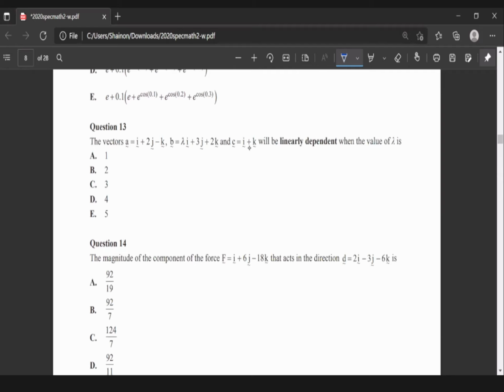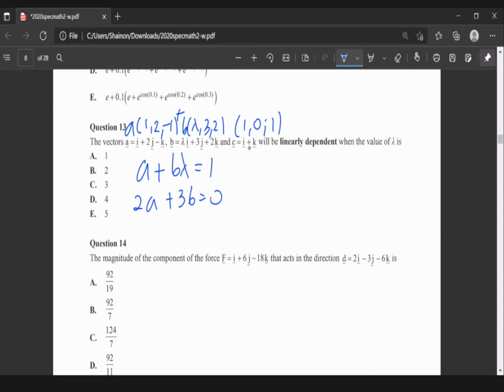This one I use the CAS again, so that's going to be 1, 2, -1, theta 3, 2, and that's going to be 1, 0, 1. It doesn't really help to do the first one, but you're going to need it for later. So A plus B equals 1. Sorry, what I did, I just let A equal this plus B. 2A plus 3B equals 0.